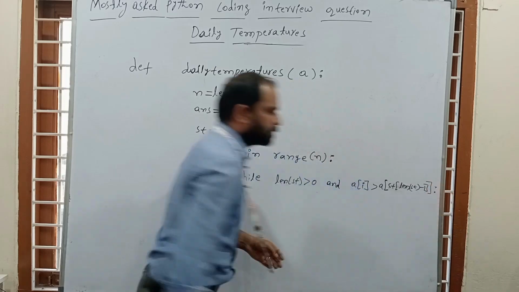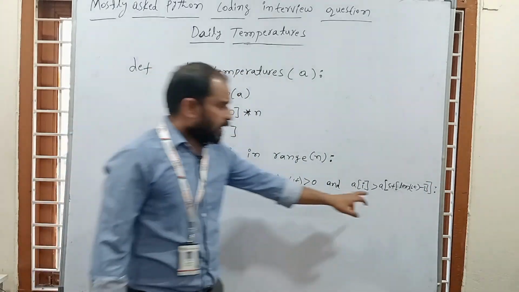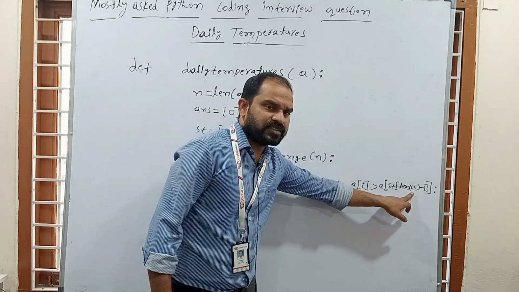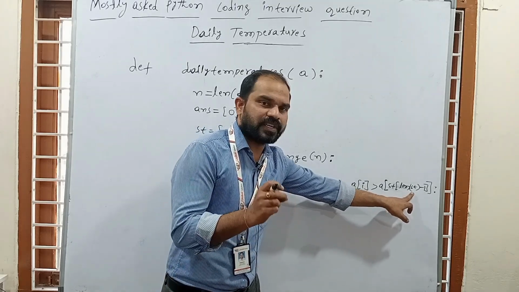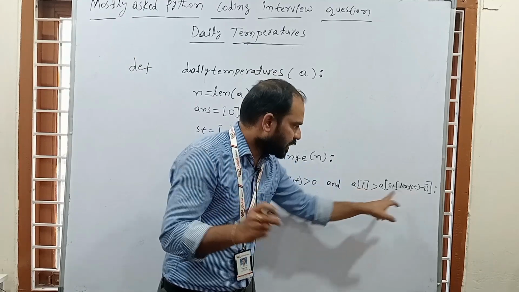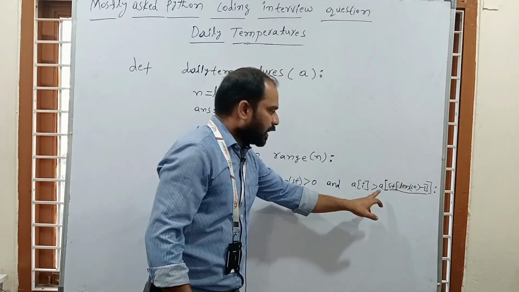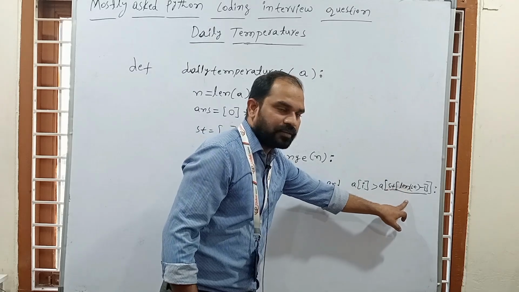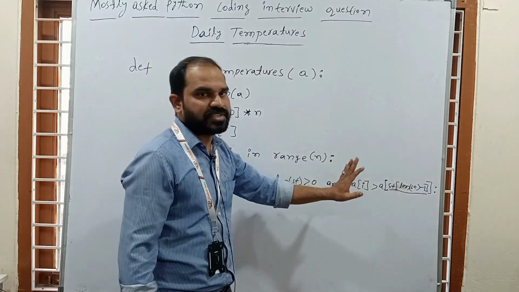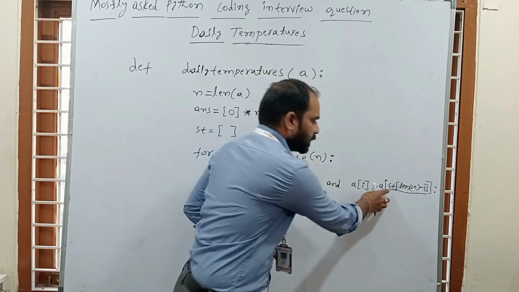This is the condition, right? So st of 0 means whatever index number is present at index 0 will be written here, and a of that index number will give you that particular temperature which you are going to compare.